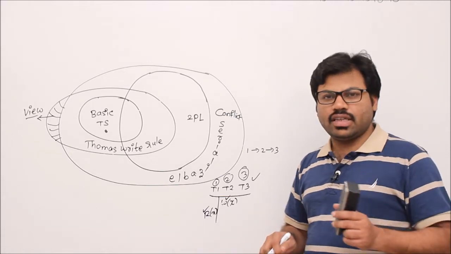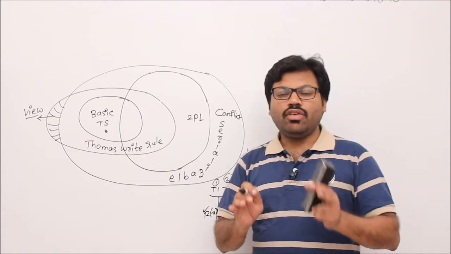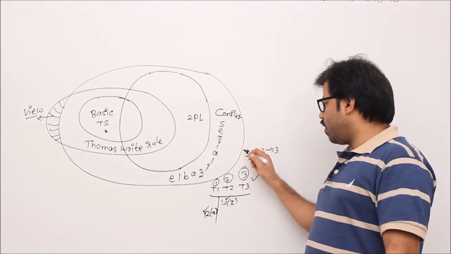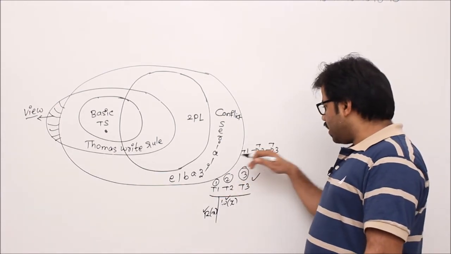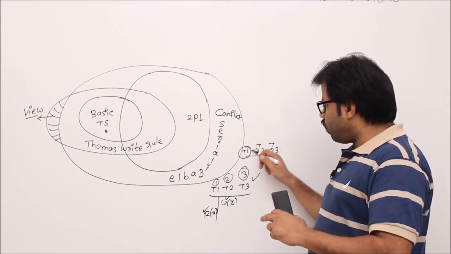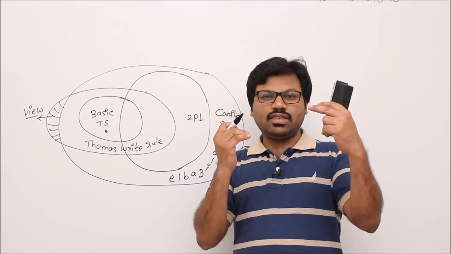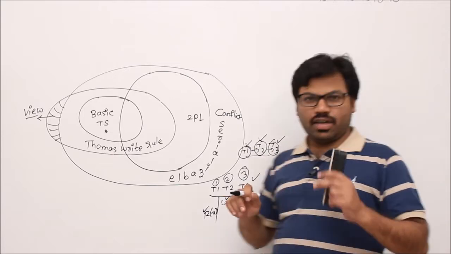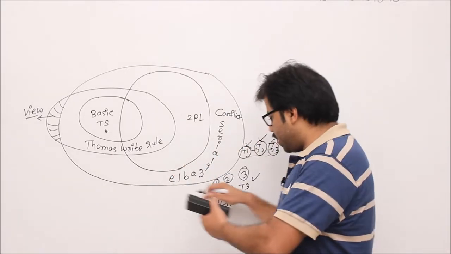Because of that reason, I can say that whenever you have a schedule where all the conflict operations are in timestamp order, like what is the timestamp order here? T1 followed by T2 followed by T3. If your operations are in this order, then only we are allowing. So when you have conflict operations in this order, we can separate the instructions into three parts: all T1 followed by all T2 followed by all T3, because we have some particular order in the operations.